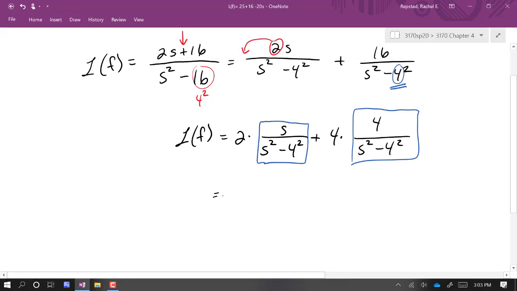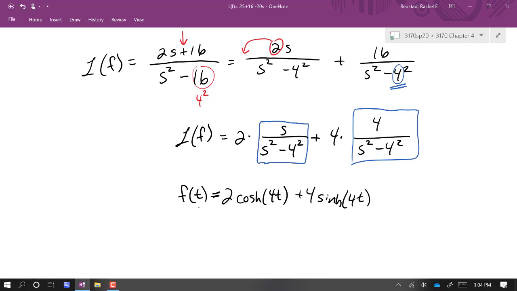So we get 2 times hyperbolic cosine 4t plus 4 times hyperbolic sine of 4t, and of course this equals, I carried down, not quite there yet. This is f of t, right? So I don't just want to carry down the equal sign. It is a whole new function of a whole different variable. So there's our f of t. It doesn't look the same right now, right?